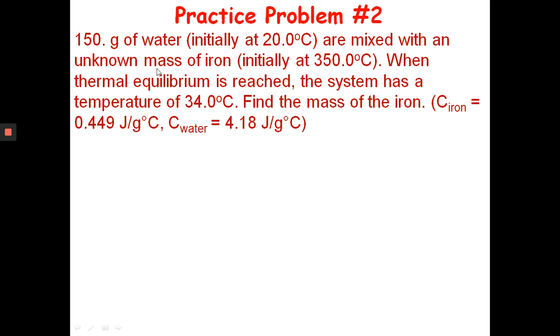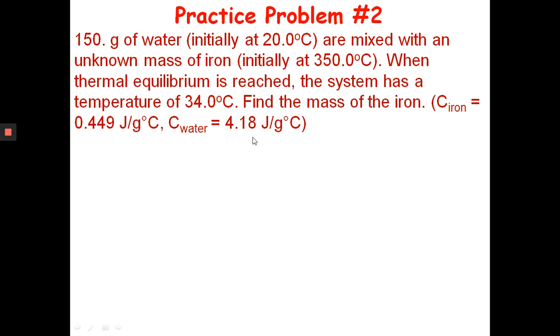So when you put water at 20 Celsius and iron at 350.0 Celsius together, they're going to be exchanging heat energy, and at the end we measure the temperature at 34.0. Based on this, we have to calculate the mass of the iron. Specific heat capacity of iron is given, and also specific heat capacity of water is given.